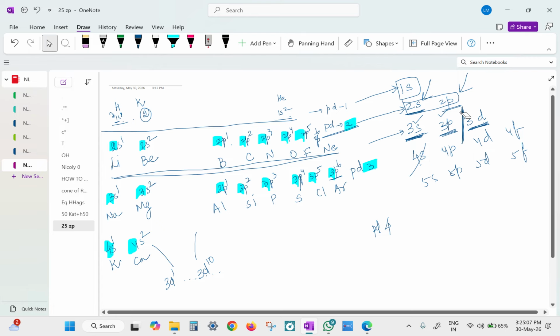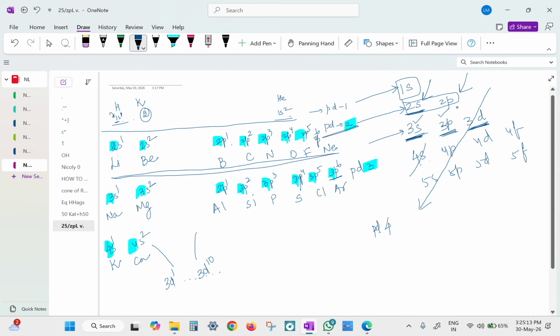What is the next after 3d? After 3d, it is 4p. Are you able to perceive the idea that here it is 4s1, 4s2, then in between it became 3d1 to 10, then again it is back to 4p1, 4p2, 4p3, 4p4, 4p5, 4p6?